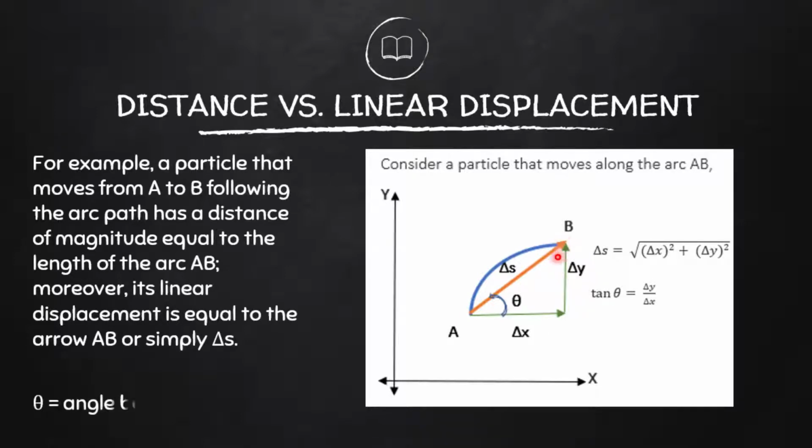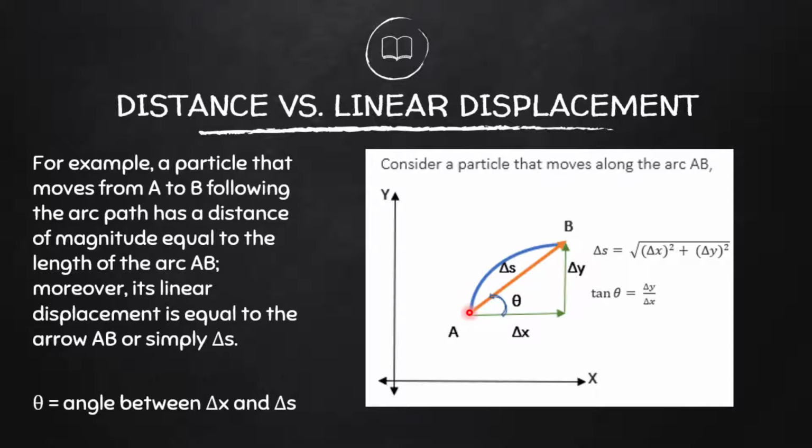Theta is the angle between the change in the value of x and the change in the value of s, or the displacement in this case. If, for example, the particle moves from A, traversing the arc up to point B, and moving back again to A, the distance traveled by that particle is twice the length of arc AB.